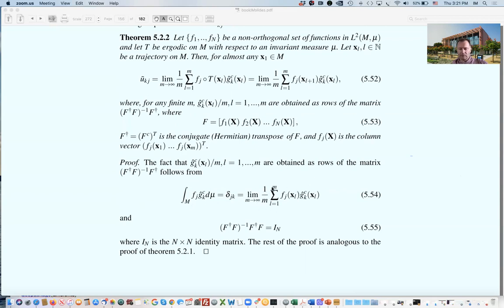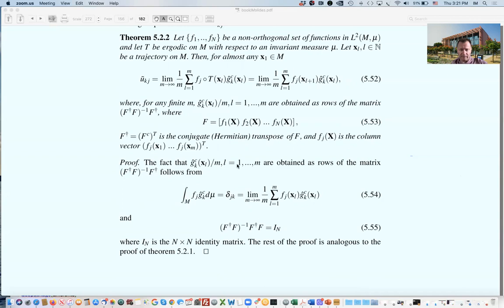So this time average between the values of Fj and Fk hat, a complex conjugate, evaluated on a trajectory, gives us delta jk. But this matrix here, multiplied from the right by F, look at that, this is the inverse of this, also gives us the identity matrix. So these delta jk are components of the identity matrix. So this is the n by n identity matrix.